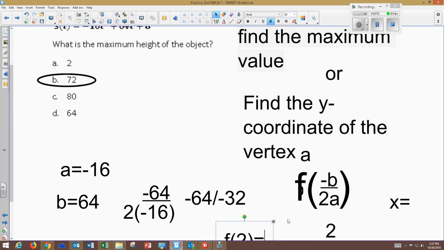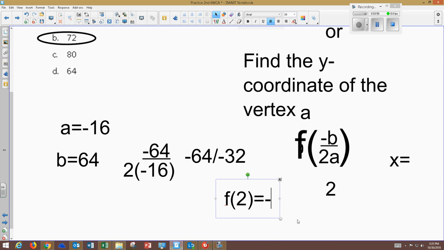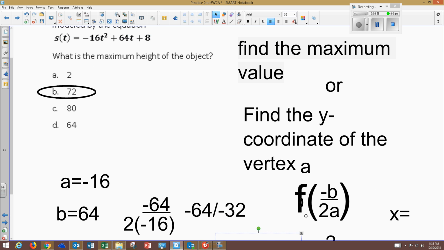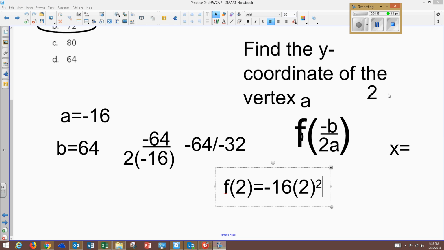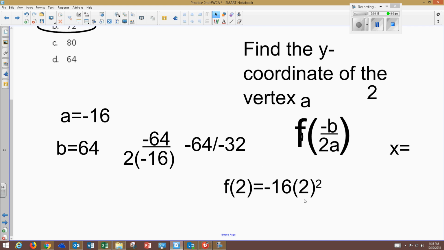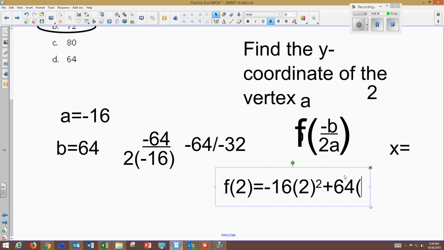So f of 2 is negative 16 times 2 squared, plus 64 times 2, plus 8.